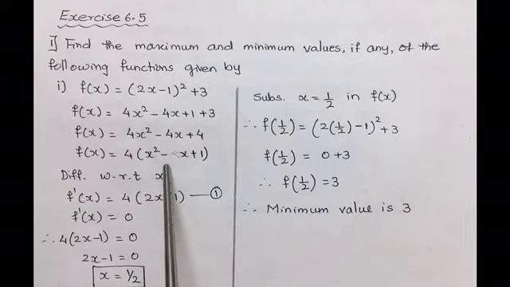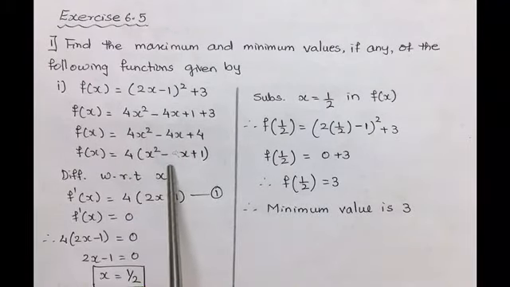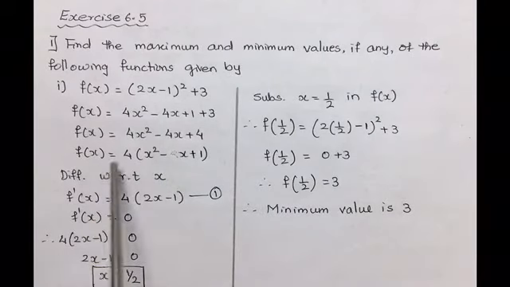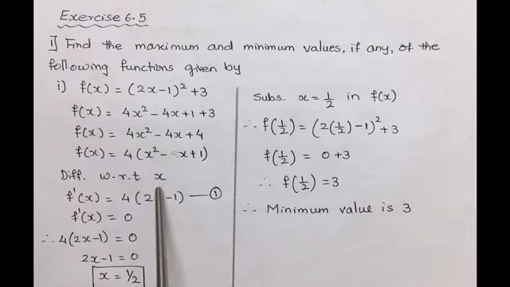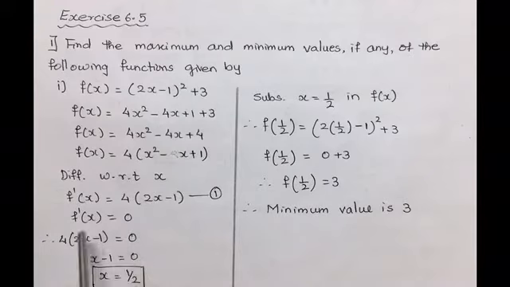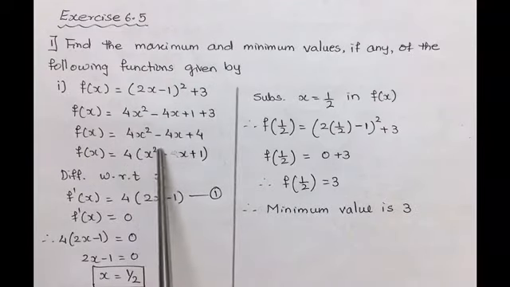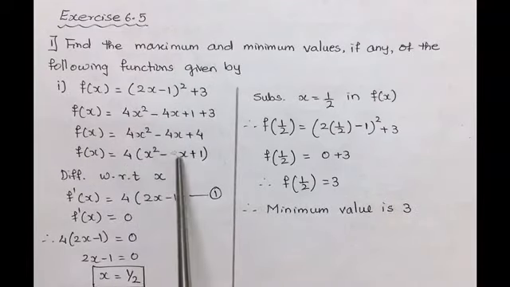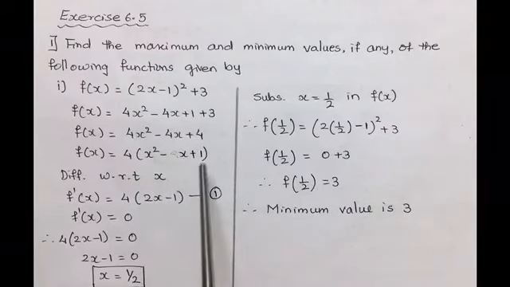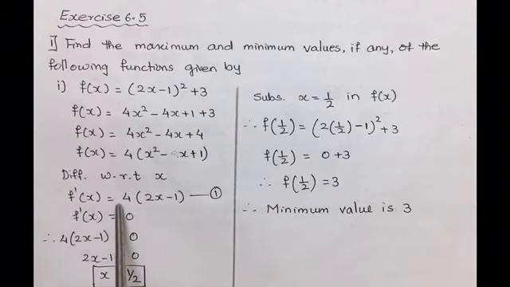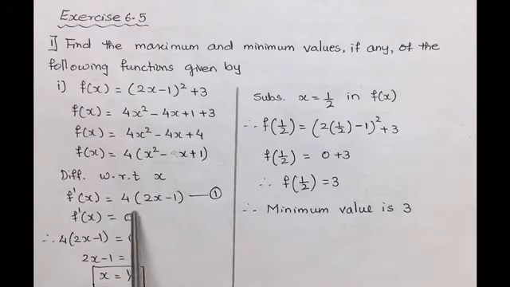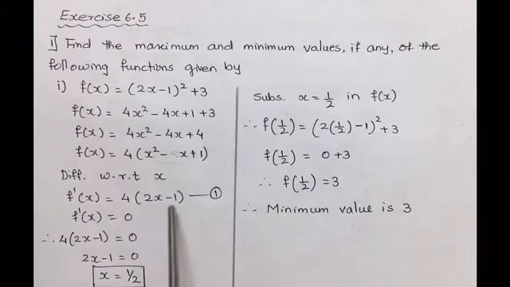Now as per the rule according to theorem 4, we need to differentiate f with respect to x. So calculating the first derivative, that is f dash x, 4 remains as it is. Derivative of x square is 2x, minus 1, derivative of 1 is 0. So the first derivative we got here is 4 into (2x minus 1).